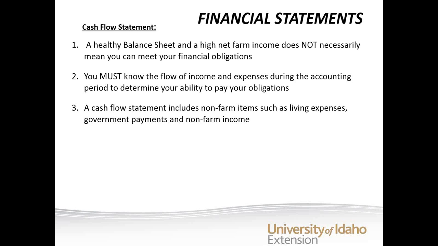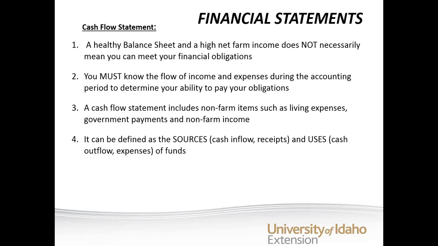It doesn't only include income and expenses of production, but basically all cash expenses that go through the farm. It's important to include them all because even though they may not be farm expenses, they have to be covered by either off-farm income or on-farm income or borrowings from bank sources.